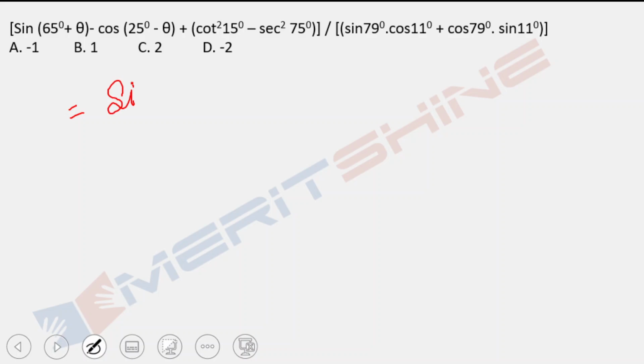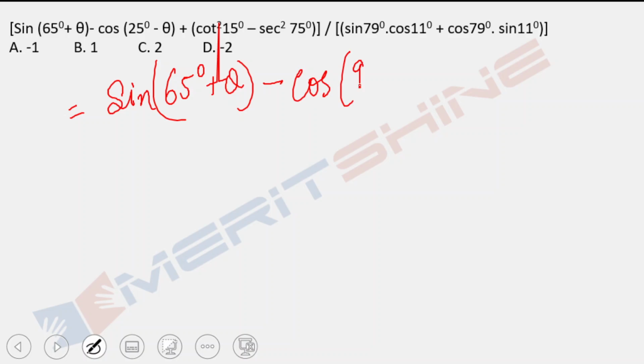Numerator: sin of 65 degrees plus theta minus cos of 25 degrees minus theta, which can be written as cos of 90 degrees minus 65 degrees plus theta. Yes or no? It can be written as that, right?